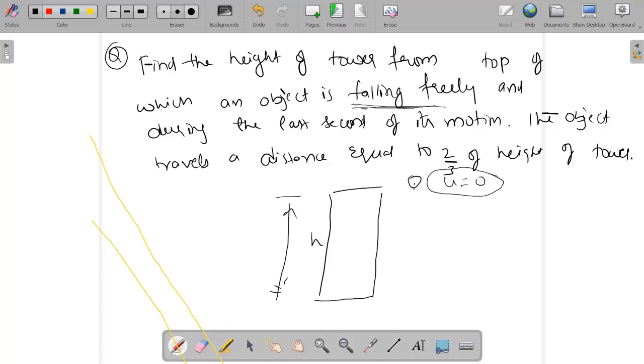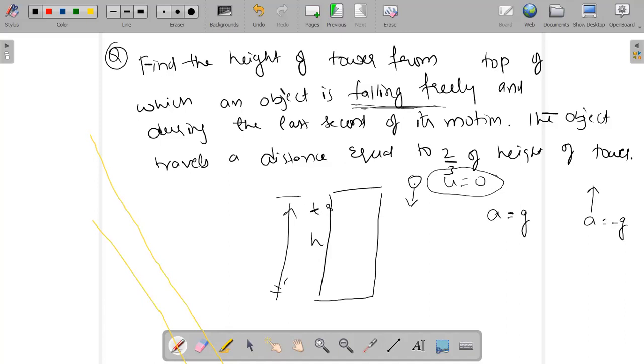Now it is coming down. When the object comes towards the earth, the acceleration will be g. If the object moves up, the acceleration will be minus g. Let the total time taken to travel the total distance be t seconds.